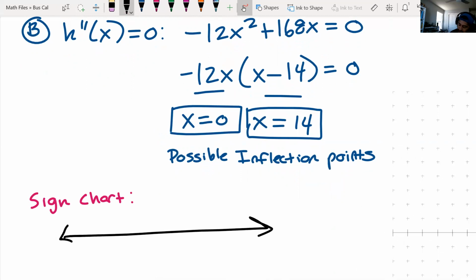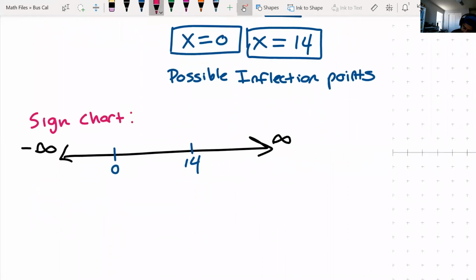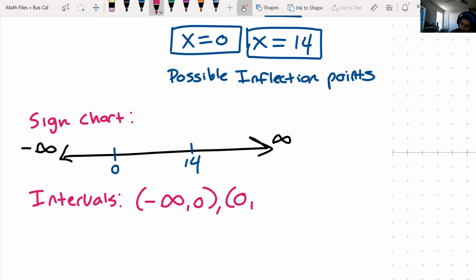There's negative infinity, there's positive infinity, and then here's 0 and 14. Next, we make our intervals. Our intervals are from negative infinity to 0, 0 to 14, and 14 to infinity.